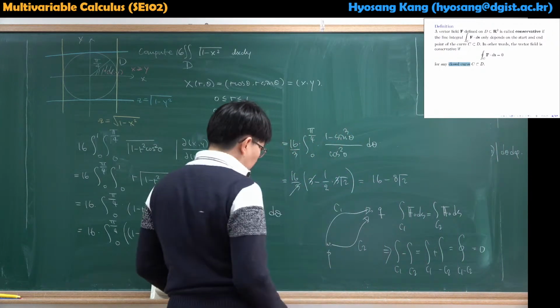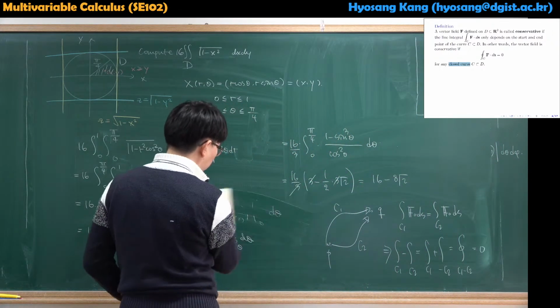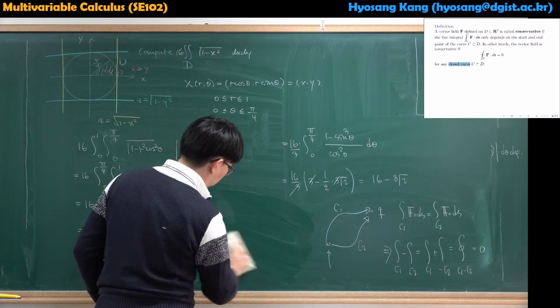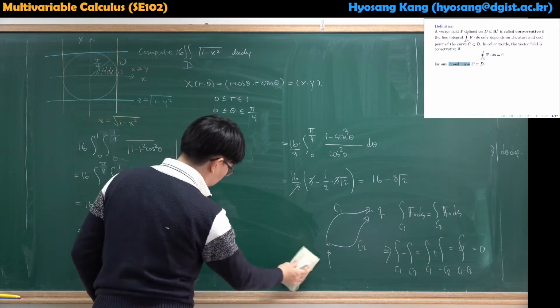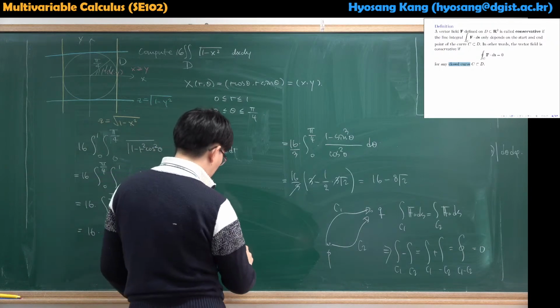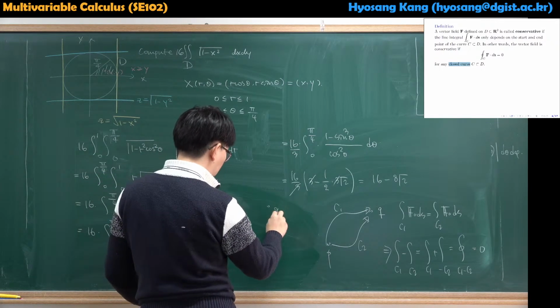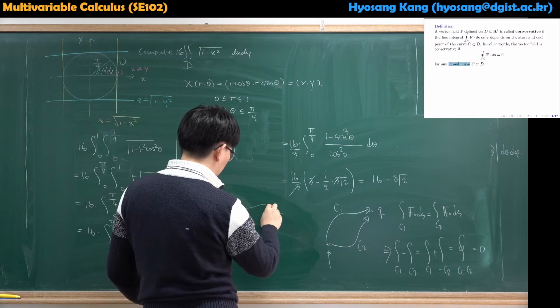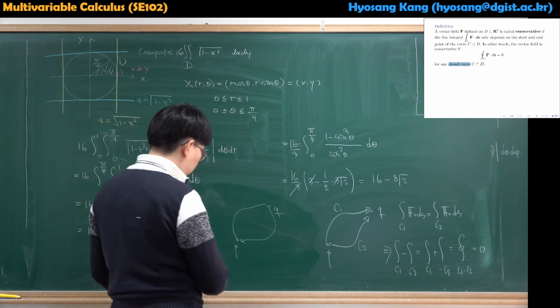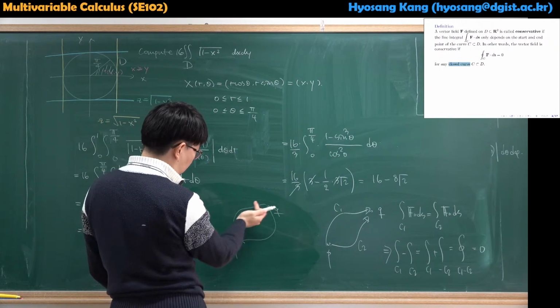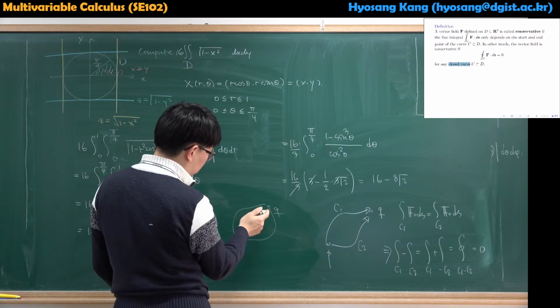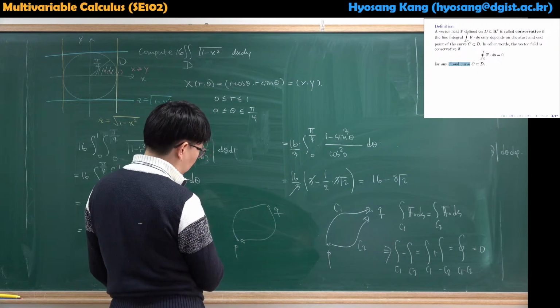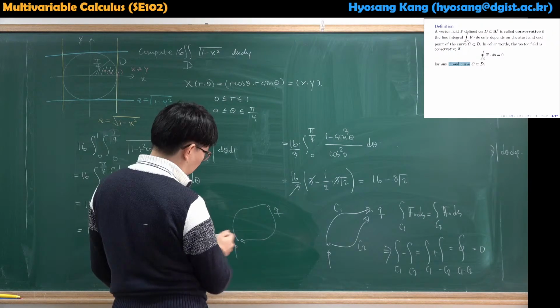Conversely, if you always have a 0 line integral for closed curves, then let's say we have P and Q here, and we take a circular path starting from P, reaching Q somewhere, and then coming back to P again.